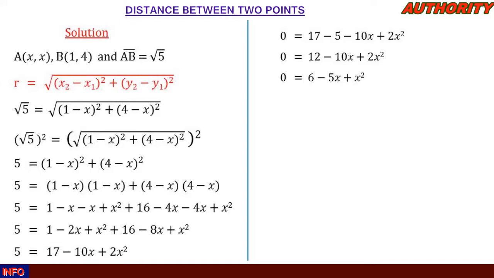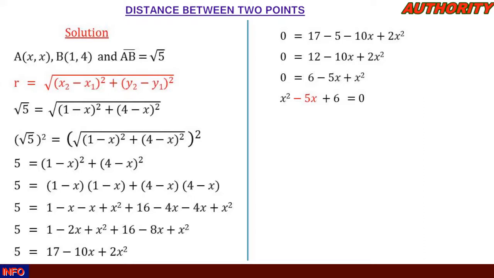This is the same thing as x squared minus 5x plus 6 equal to 0. We can factorize this. We ask for two numbers that add together to give minus 5 and multiply to give positive 6. Minus 3 and minus 2 are these numbers. So we can replace minus 5x with minus 2x minus 3x.